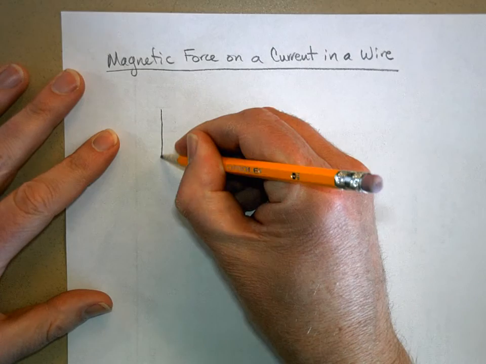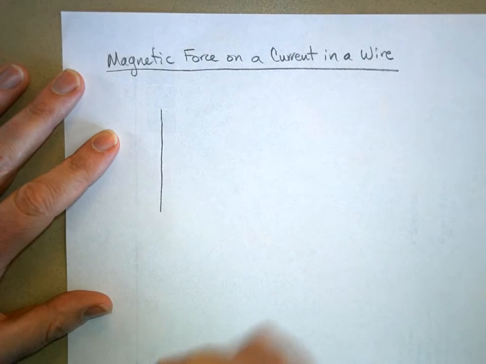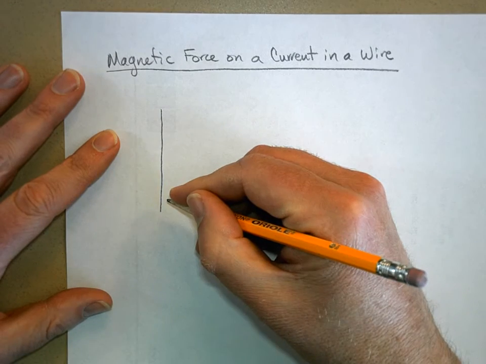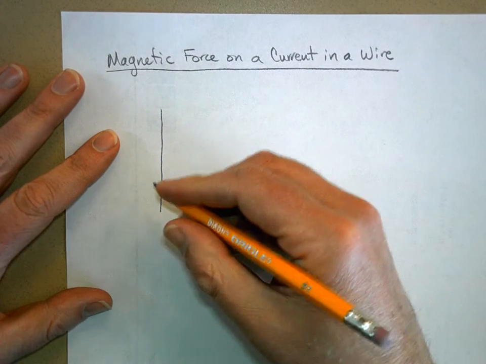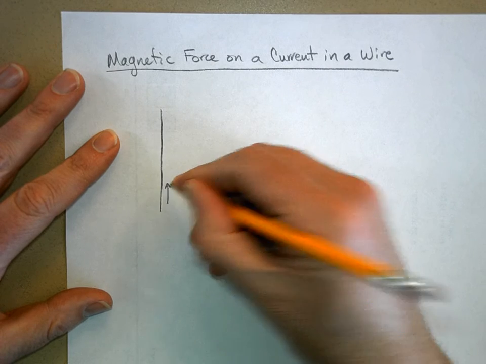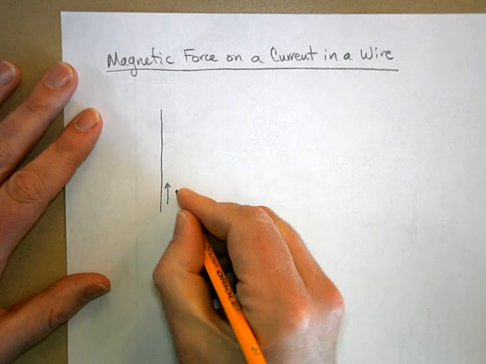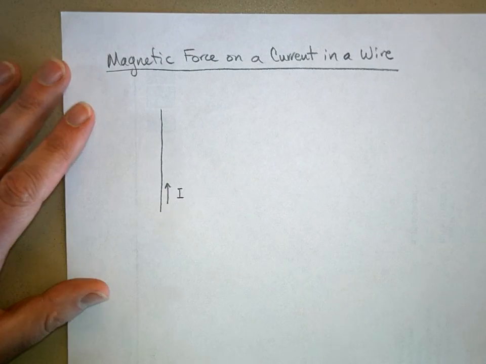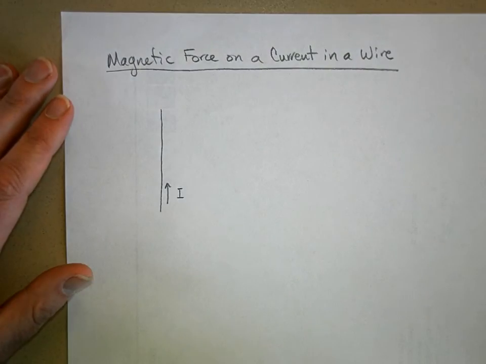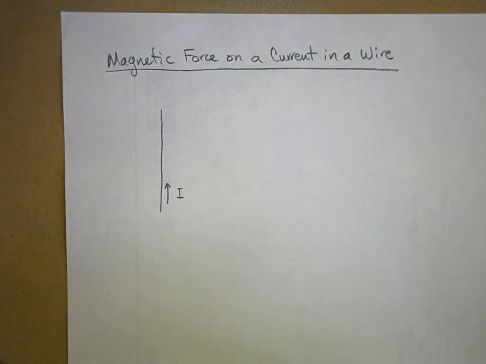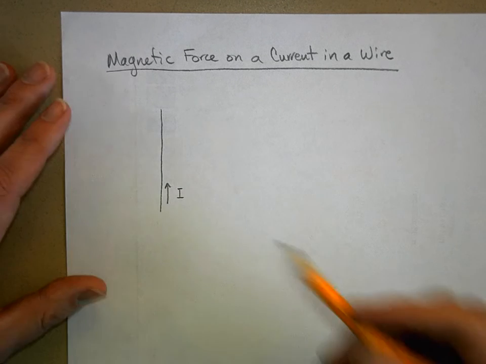So here's our wire, and let's say we've got a current flowing up the wire. So here's our current. Now remember that current is the flow of positive charge. Now what really flows in a wire? Electrons, which are negatively charged.